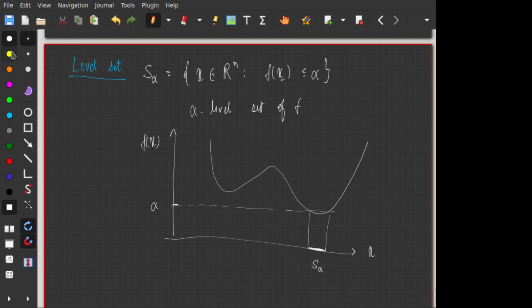But if I choose a different alpha, I get a different level set. Say this is alpha prime. Then the level set is basically a union of two intervals, two disjoint intervals.